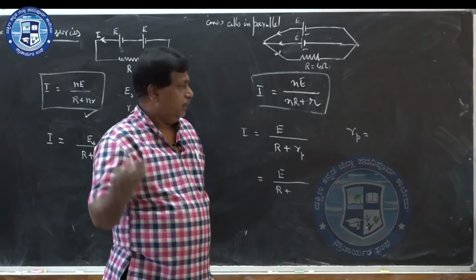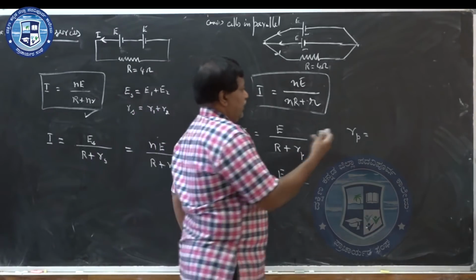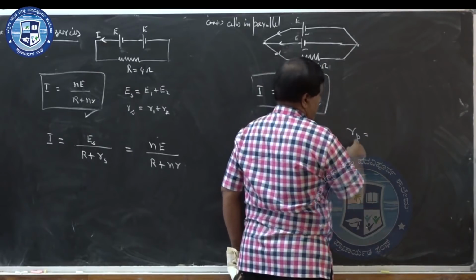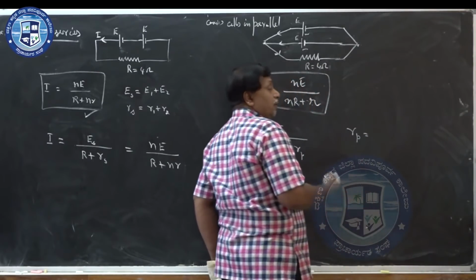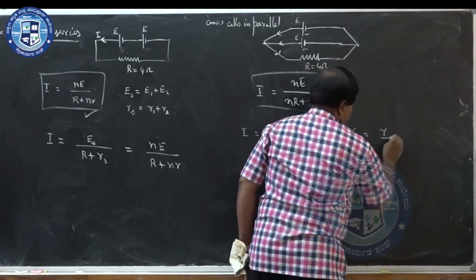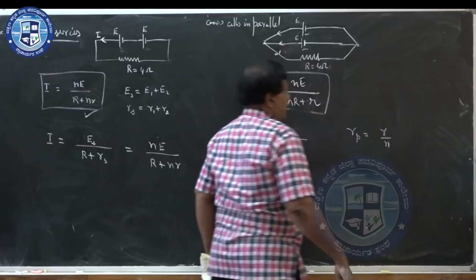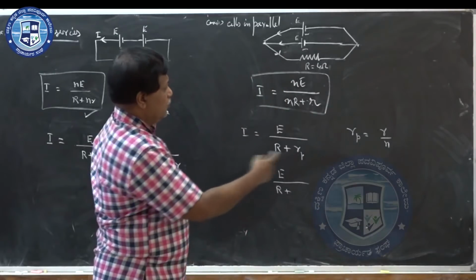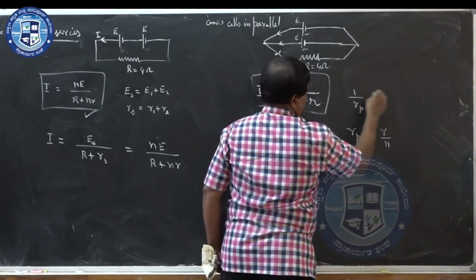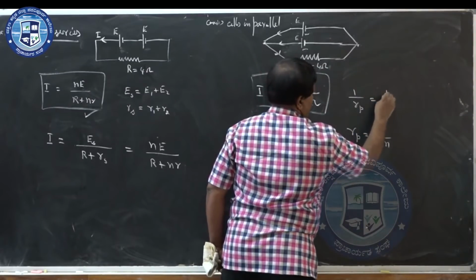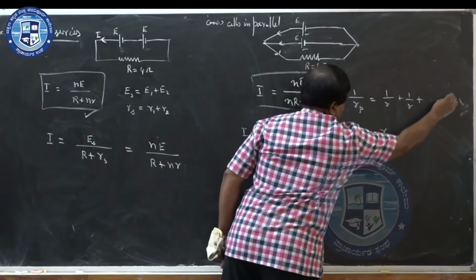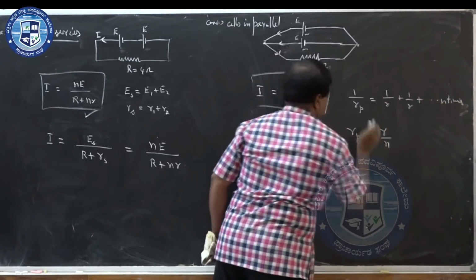if the number is N, the equivalent resistance of the parallel combination will be R by N. You can solve that because you know the formula: the reciprocal of equivalent resistance is equal to the sum of the reciprocals. So N times you will get this formula.